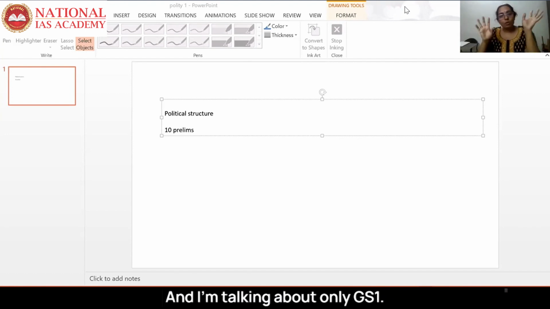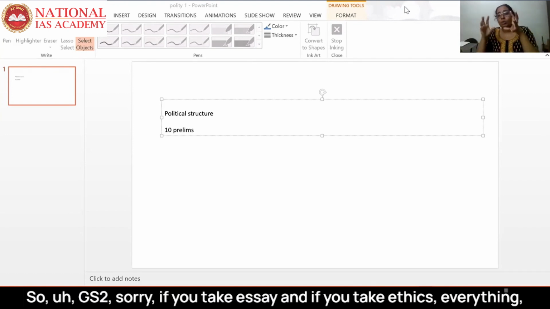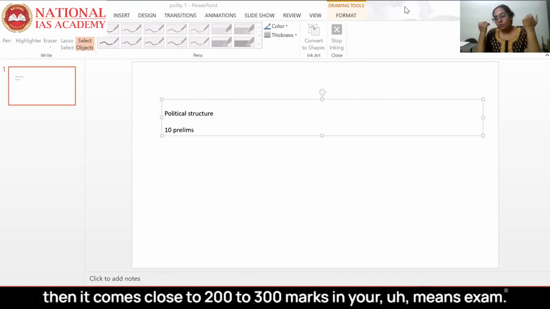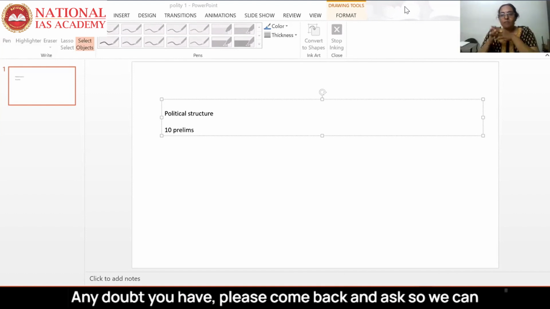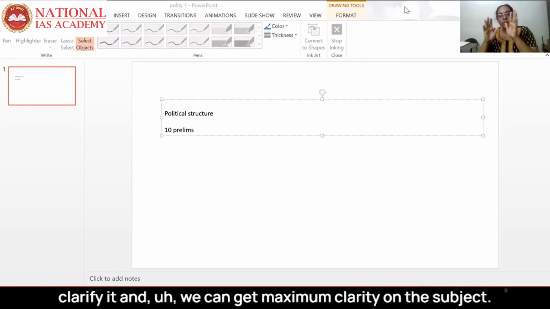And I'm talking about only GS1, sorry, GS2. If you take essay and ethics, everything, then it comes close to 200 to 300 marks in your mains exam. So it becomes very important. Please concentrate on it. Any doubt you have, please come back and ask, so we can clarify it and get maximum clarity on the subject.